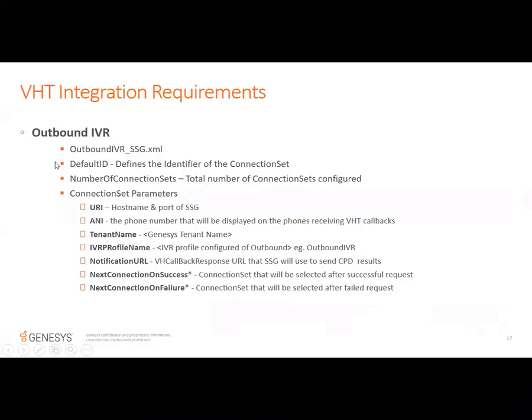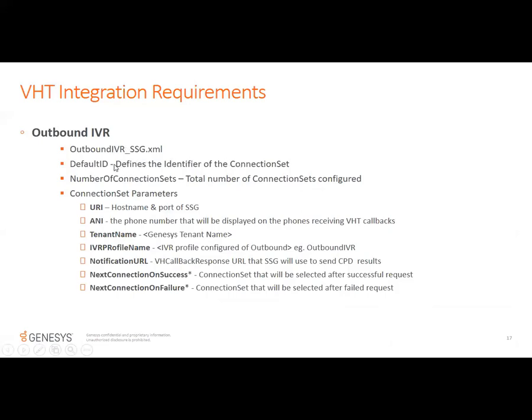So a couple of the main options that are defined in the outbound SSG are the default ID. This defines the identifier of the connection set. With this configuration, you can add multiple connection sets, which will allow you to communicate with multiple SSG instances on the Genesys side.